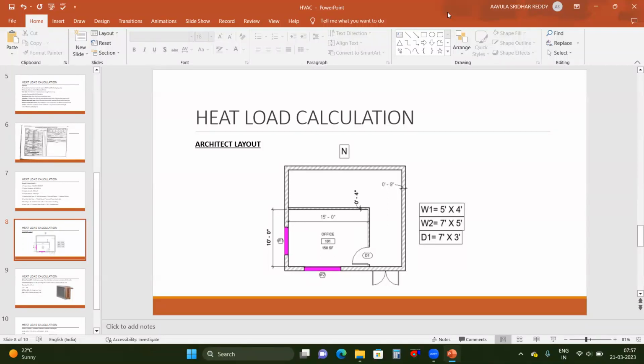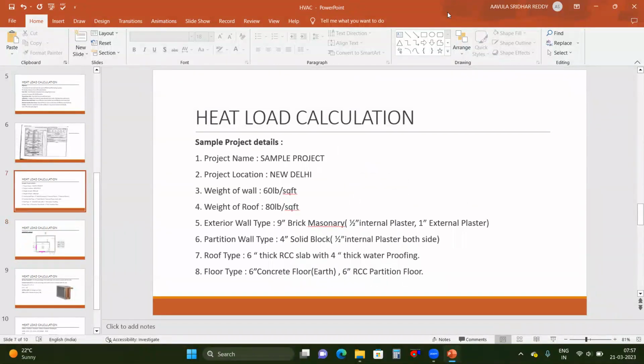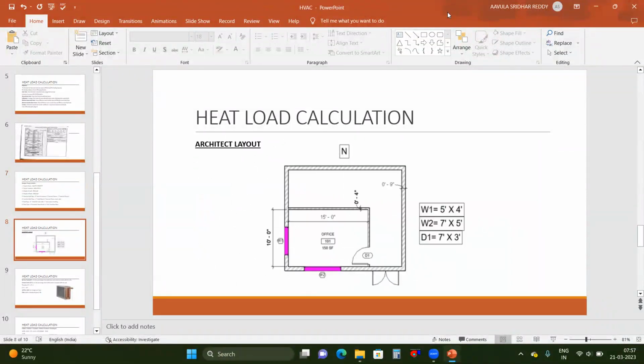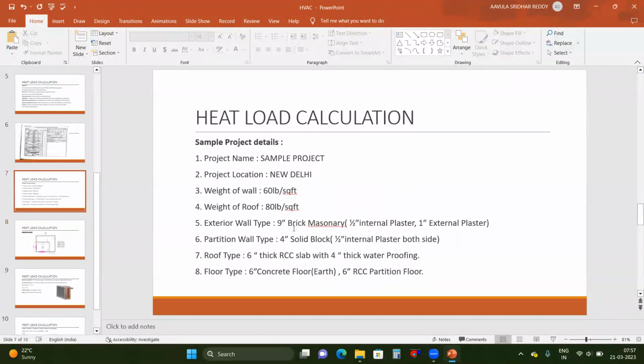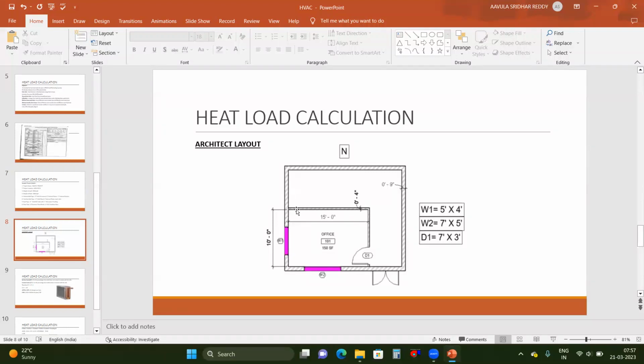For this 150 square feet office space, the exterior wall type is 9-inch brick masonry. If you see, these are the exterior walls, all of 9-inch masonry construction. And the partition wall type is 4-inch solid block. This is the partition wall.